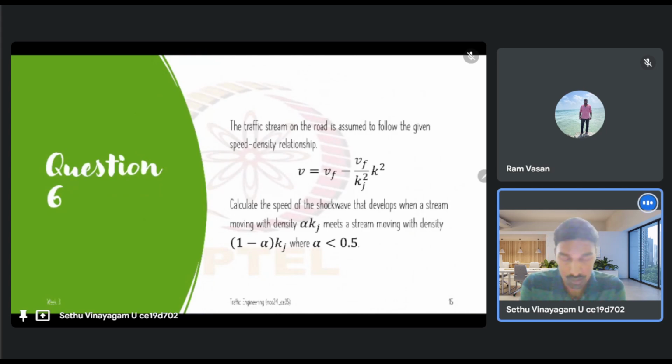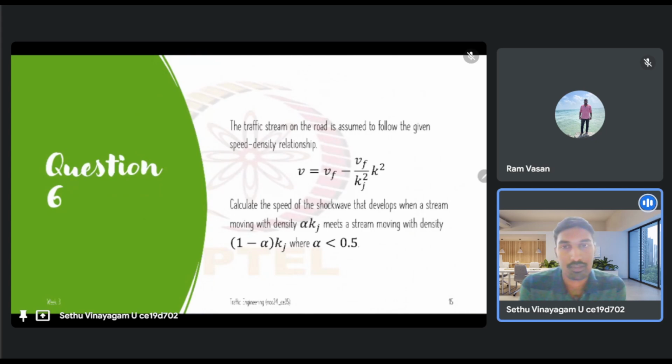Okay, so here we are not looking at any standard models, right? So we have a different vk relationship, right? So that is given here, and the two traffic states. So similar to the previous question, two traffic states A and B, but here it is not something that we know like critical density or anything.